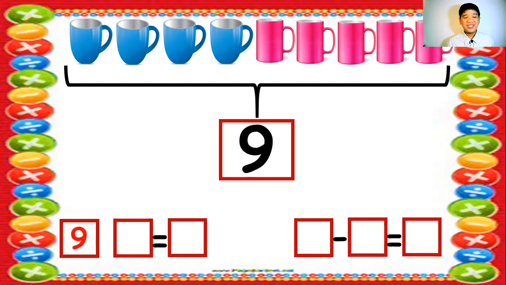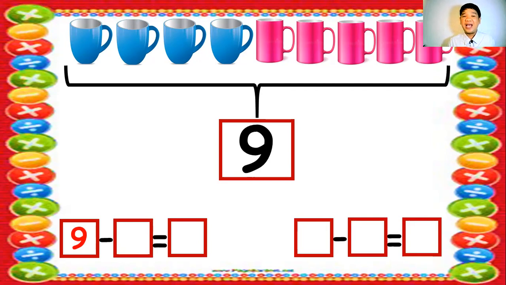Now this time, let us answer the question. So the first question is, how many blue cups or how many blue mugs do we have? We have to write first the total number of the cups or mugs. So we have 9. So 9 minus, what number do we have to write here in our subtrahend?